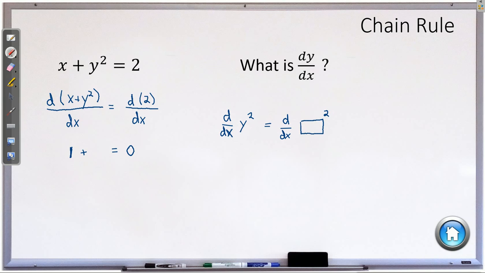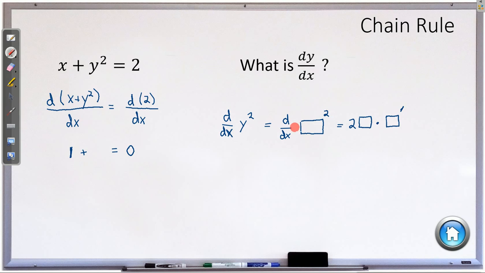Well, how do I take the derivative of a box? Well, the 2 multiplies in front of the box times the derivative of that box. Actually, I might write that a little bit shorter. Let's just call it box prime. That's just the chain rule.